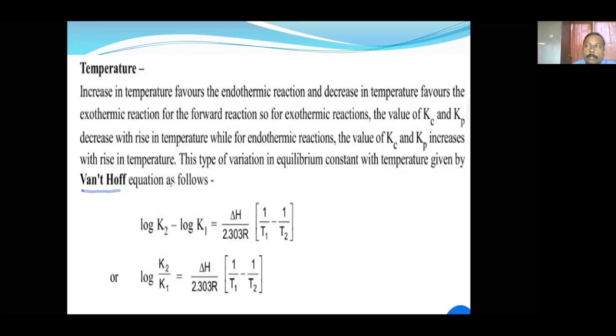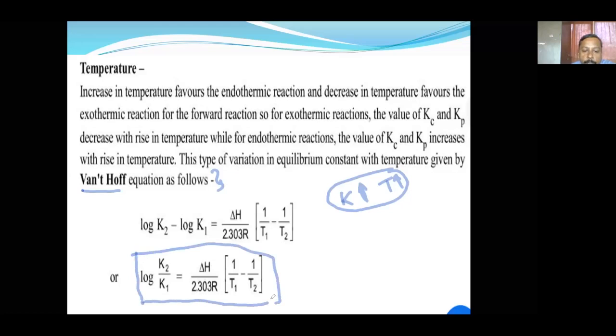The basic thing you should remember is that the Van 't Hoff equation gives a relation between temperature and equilibrium constant. Normally students think that the equilibrium constant will increase with increase in temperature. No. Sometimes it may decrease, sometimes it may increase. That is what people are now framing questions on. So this is the formula you have to write 2 to 3 times, and you have to make sure that when there is a positive sign, this is T1 and T2.